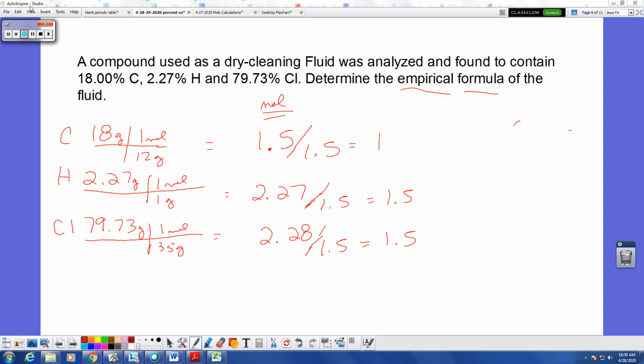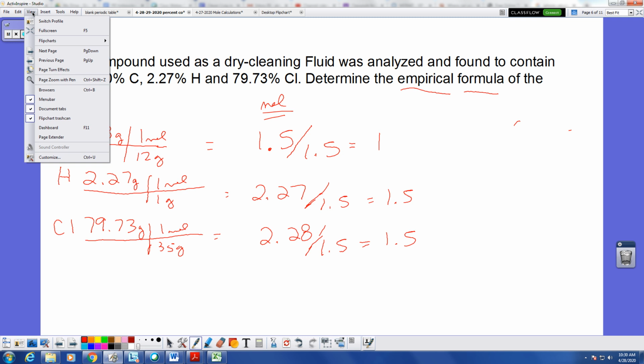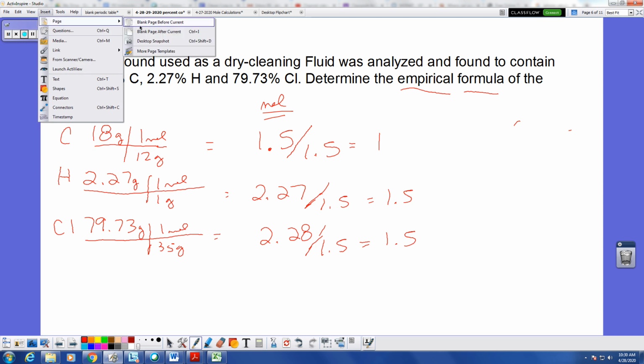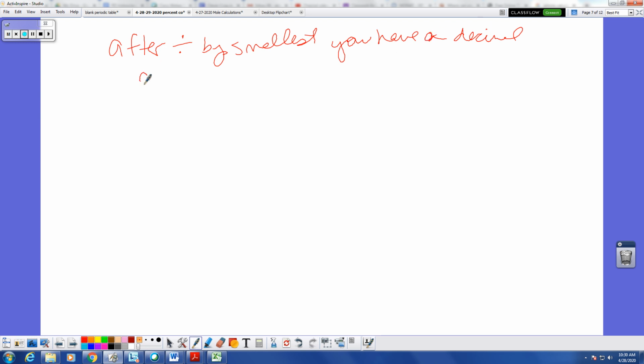Okay, let me actually insert a page right there. So if after dividing by the smallest, you have a decimal, you have to convert to a fraction and multiply by the denominator.